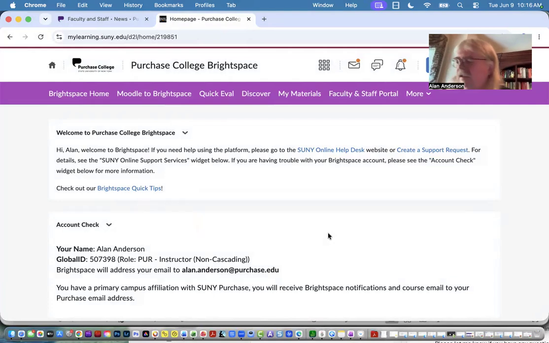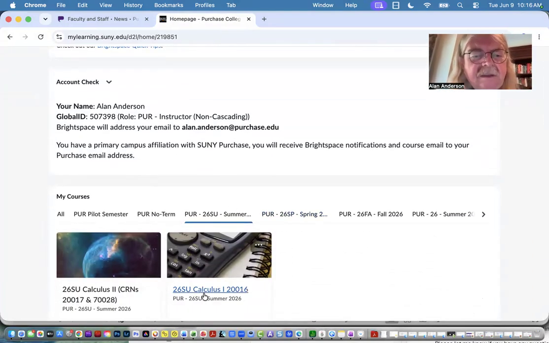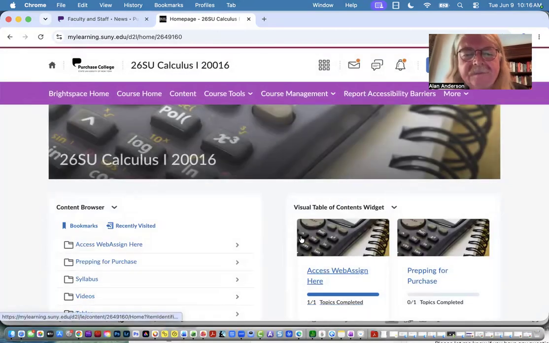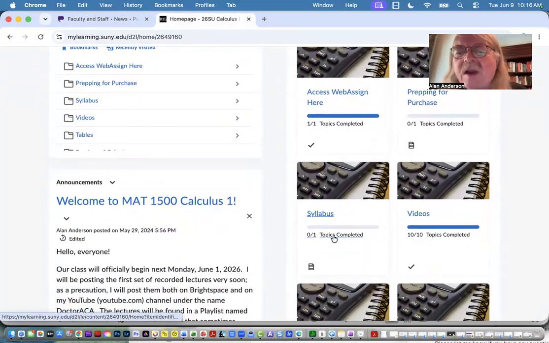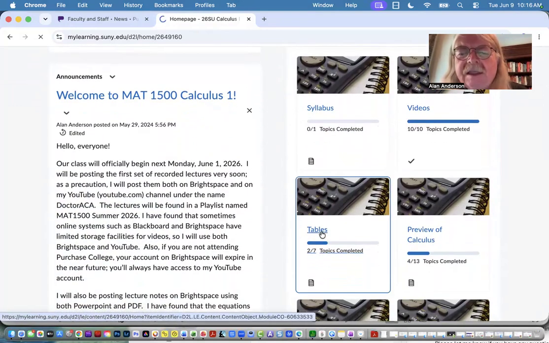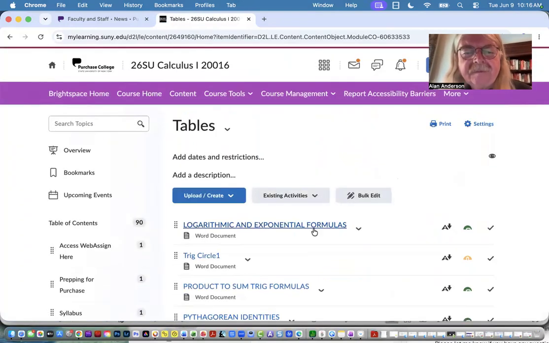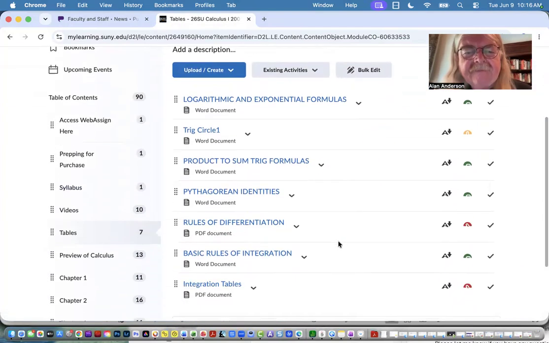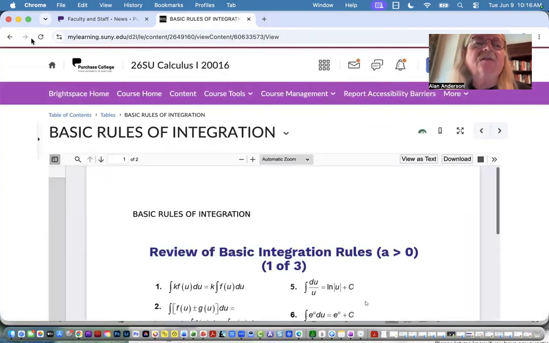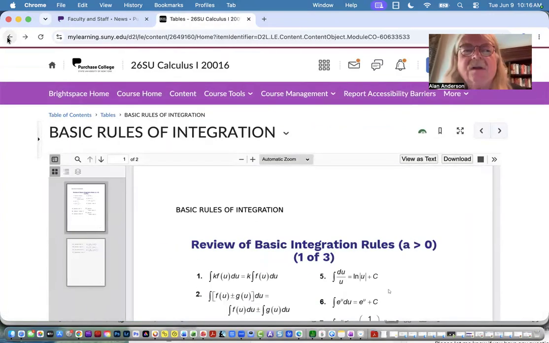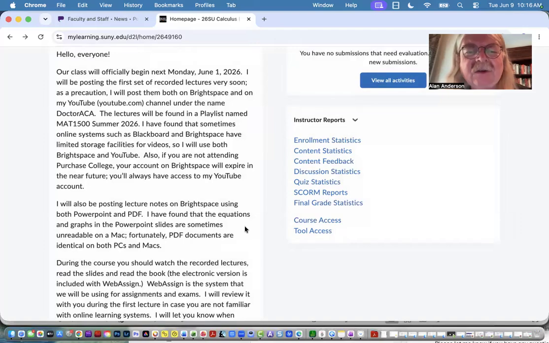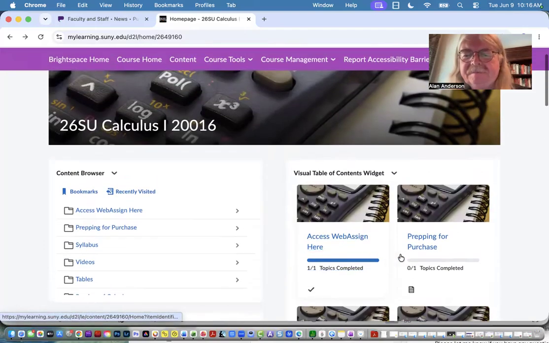All right, here we go. Just to make sure. So this way, when you're working on these problems, you don't have to search around and look for all these formulas. Huh. Well, this one says basic rules of integration. Oh, sorry, that's the wrong one. That's down the road. Don't worry. Differentiation.